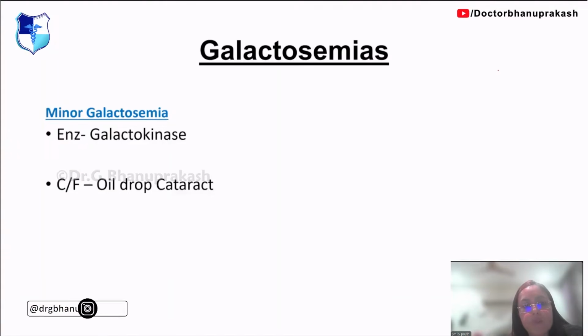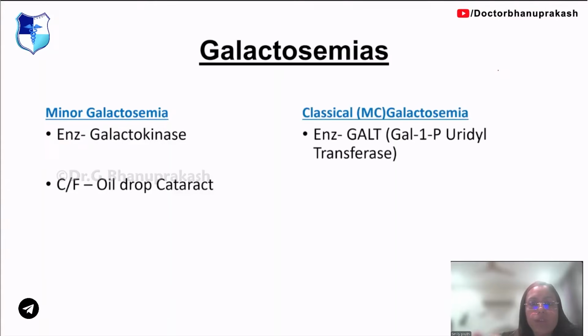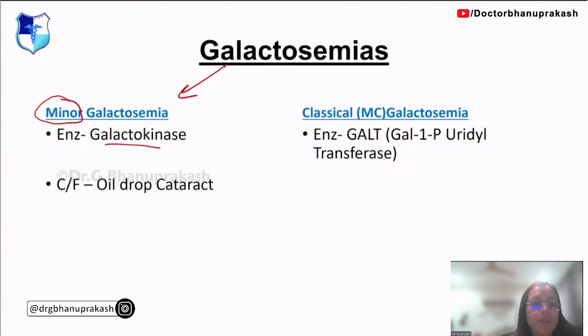Then coming to galactosemia, we have two types of galactosemia. Minor, in which enzyme defective is galactokinase. Then patient has only oil drop cataract. It's a minor type. Then the most common galactosemia is classical type.